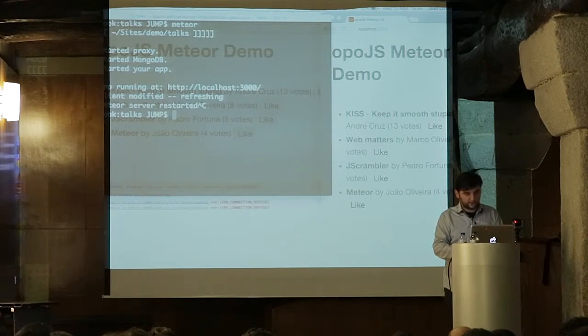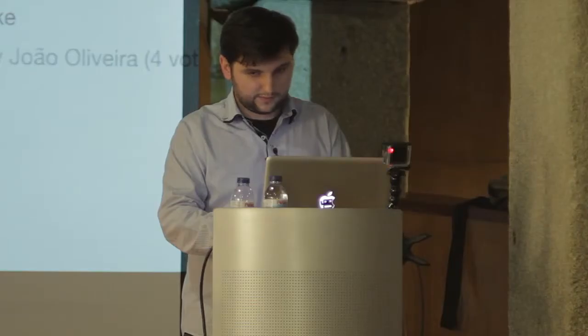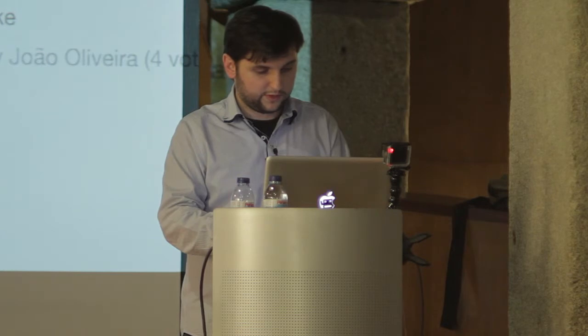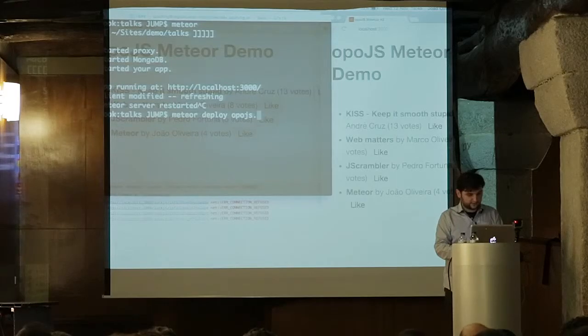Now, one last thing. If I want to deploy this app into production, Meteor has a command called meteor deploy, and it has some production machines ready for you to deploy your app at any time. I want to deploy this to OPO.js.meteor.com, always at domain.meteor.com.